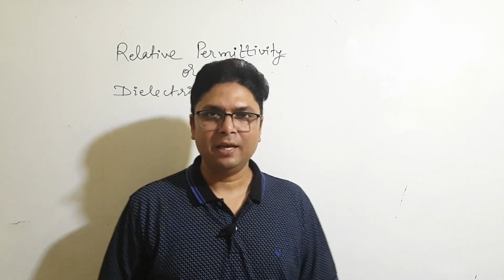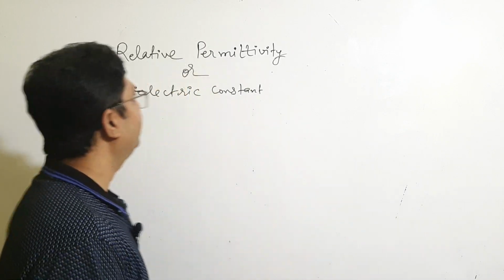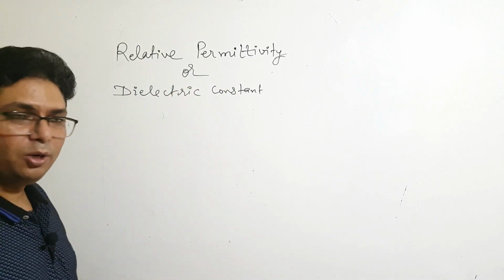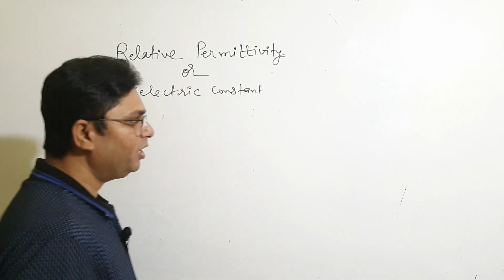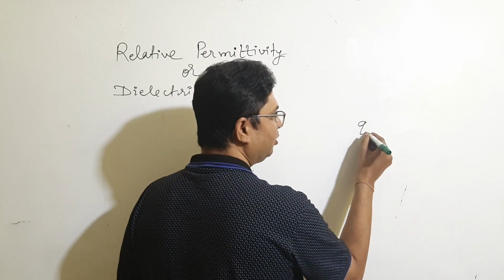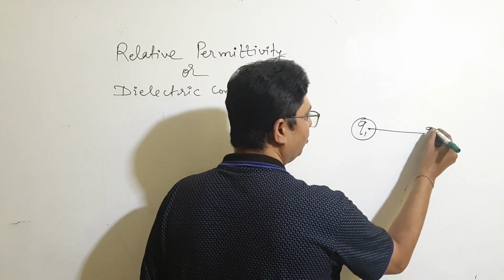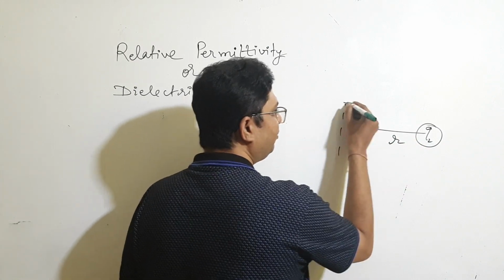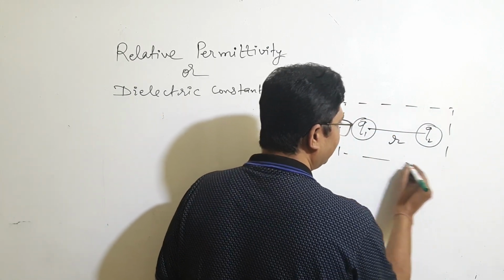Hello friends, let's start the topic relative permittivity or dielectric constant. To understand the topic, we require two charges Q1 and Q2 separated by distance r, and they are kept in a medium known as air or vacuum.